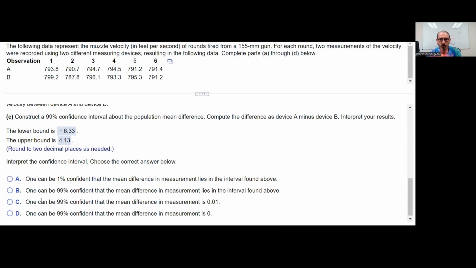As with the previous version of the question, when we were not using the technology as much, we can be 99% confident that whatever the mean difference is, whether it's the 0 that we did not reject or something else in between these two values, we would be 99% confident that it's in between those two values.